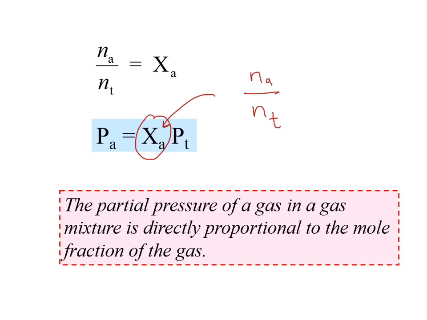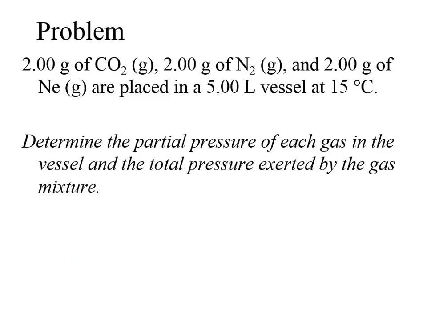So it means if you want to know how much pressure a component is going to exert, all you do is take its mole fraction times the total pressure. I just think that is so cool, but I'm easily impressed. So let's work an example using that. And I'll go ahead and put it up here. Partial pressure of anything is equal to the mole fraction of that thing times the total pressure.